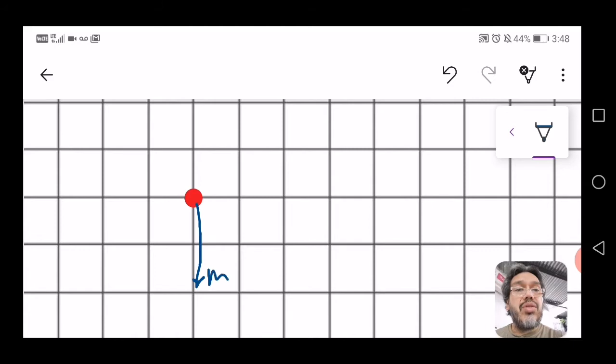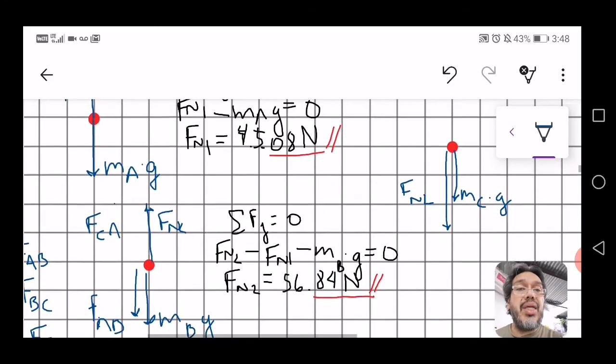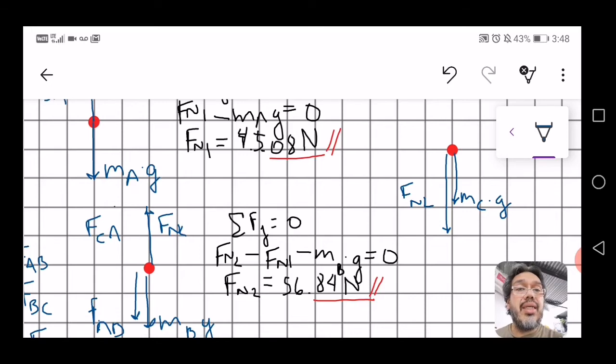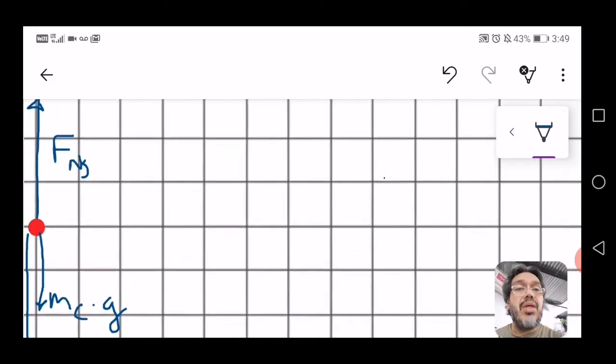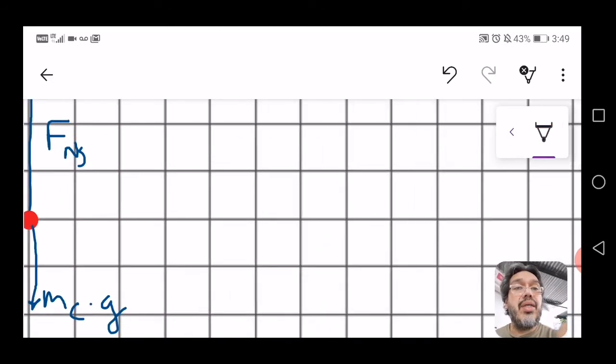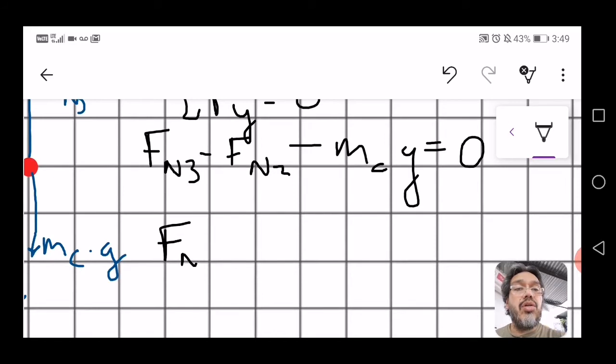There is the old gravitational force, m_C g, on object C. Then there is the normal force 2, because that is the force that block B is exerting on block C. And finally there is an upward normal force Fn3, which is the force that the floor is exerted on block C. And so in your equations you have sum of forces in the y direction is equal to 0, normal force 3 minus normal force 2 minus m_C g is equal to 0, and so your normal force ends up being 93.1 newtons.